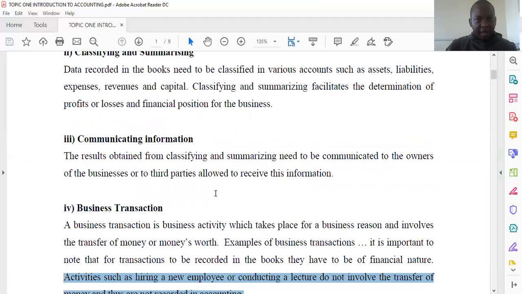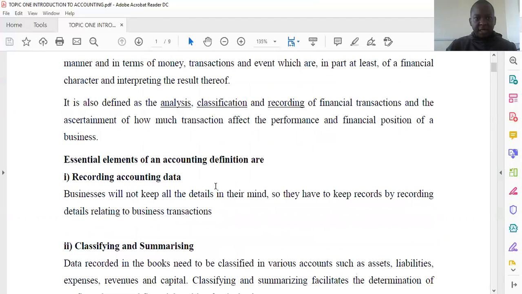Another key term that may have been left out in this note is analysis: analysis of the impact of business transactions on the financial performance and position of the business. As an accountant, you need to be able to tell that these numerous transactions affected the profitability of the business this way.